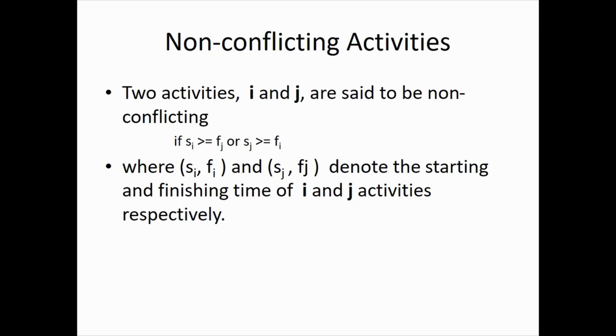That is, the start time of the first job is greater than or equal to the finish time of the second job, or the start time of the second job is greater than or equal to the finish time of the first job, where Si and Fi and Sj and Fj denote the starting and finishing times of activities I and J respectively.